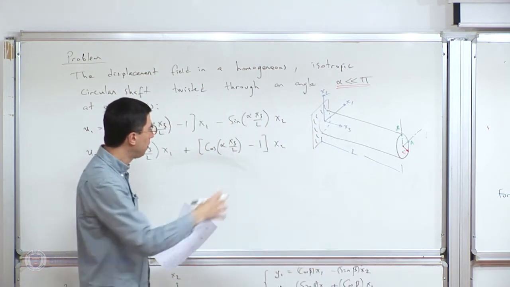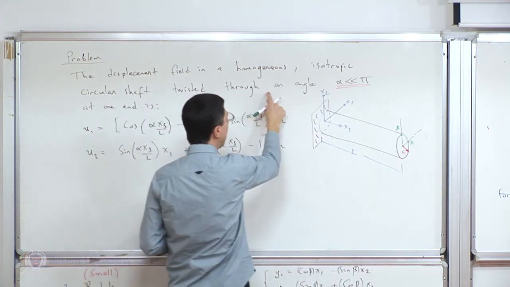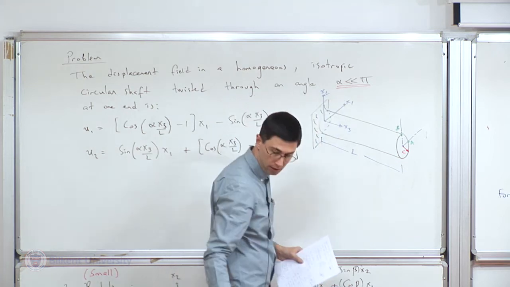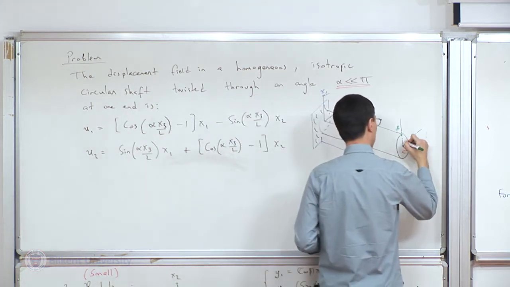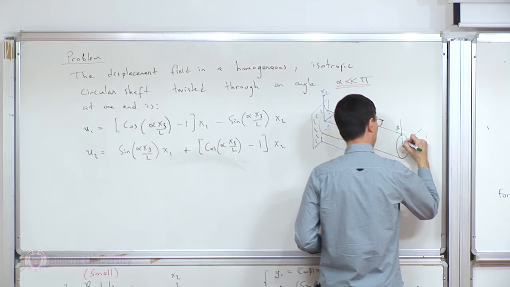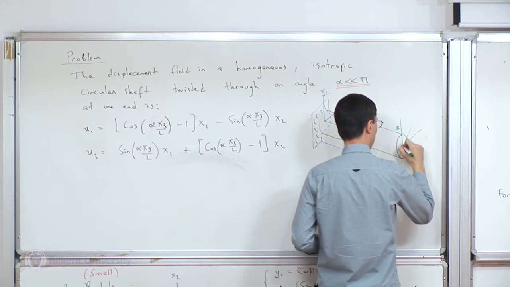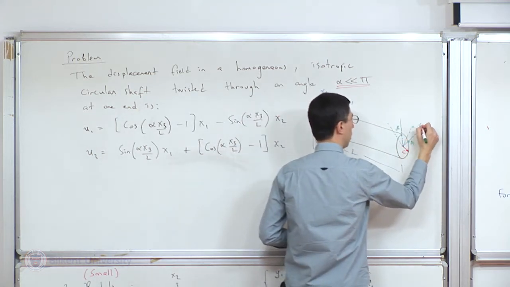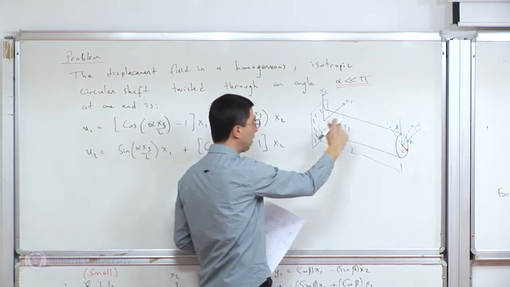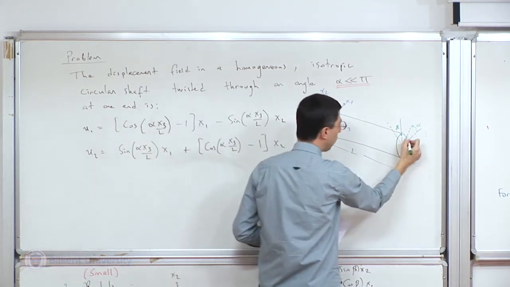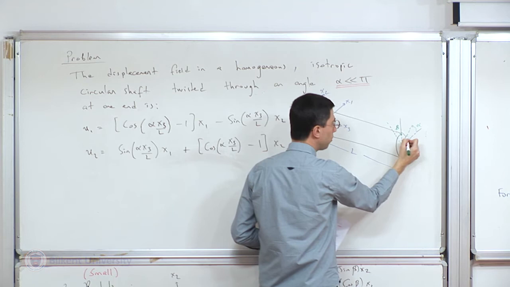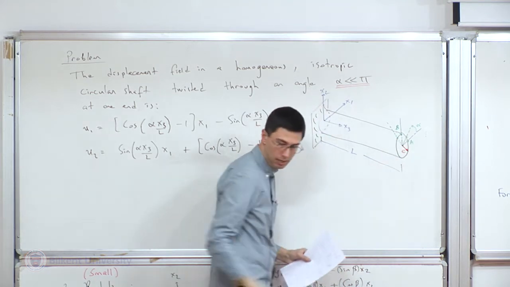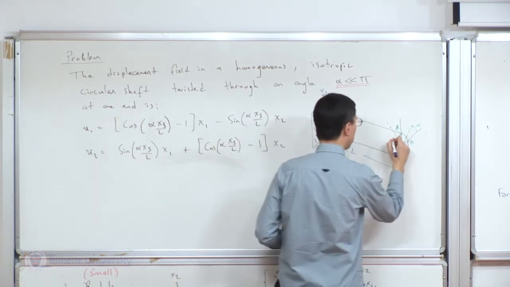And what will happen is now we are going to twist the end through an angle alpha. So now that's alpha. We are going to twist the end while keeping this end fixed, and therefore A will move to a new point A prime, and B will move to a new point B prime.